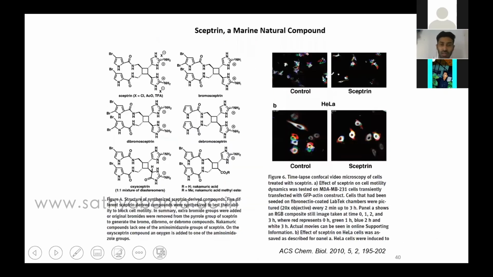So this is an interesting compound. This is sceptrin, okay, a marine natural compound, and if you look into the structures, sceptrin, bromosceptrin, dibromosceptrin, they all look the same, but with a small change in the bromine group alone.